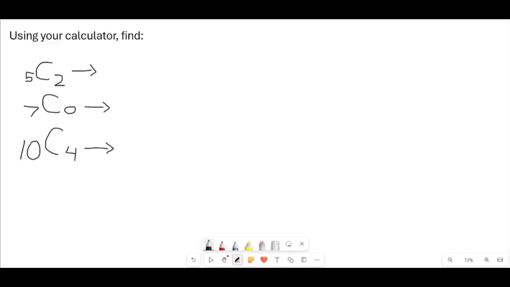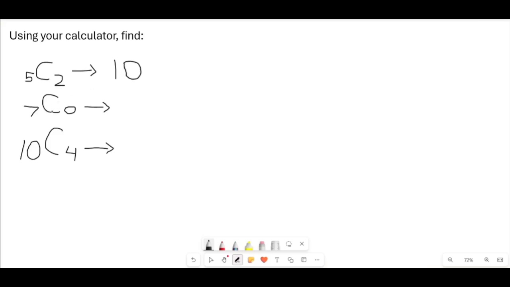This is probably one of the easiest questions that you'll get for this, but it's not that easy to demonstrate because there's literally no workings. You just have to type it into your calculator, which is a good thing. But if you put in 5 choose 2 into your calculator, doing what we were saying before, you'll get 10.